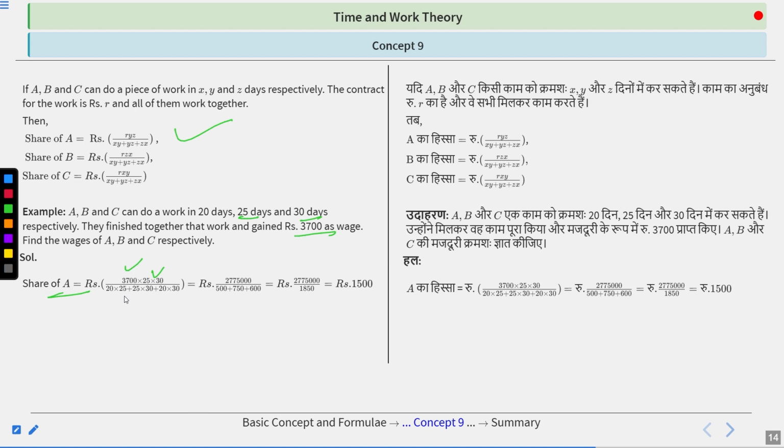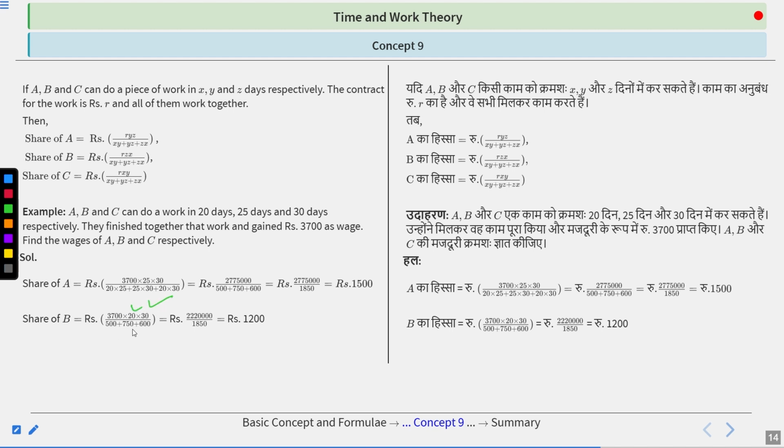Now the denominator is the same for everyone's share: 20 into 25 plus 25 into 30 plus 20 into 30. When we calculate it, we get A's share, which is 1500 rupees. Now the share of B by the same method: 3700 into 20 into 30 upon 500 plus 750 plus 600, which becomes 22,20,000 upon 1,850.